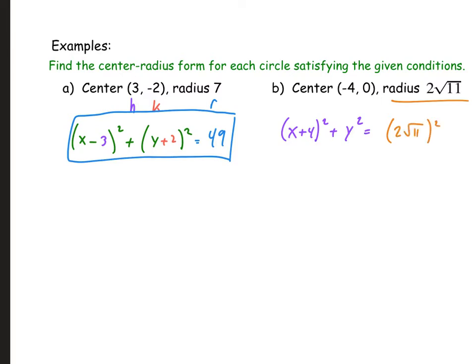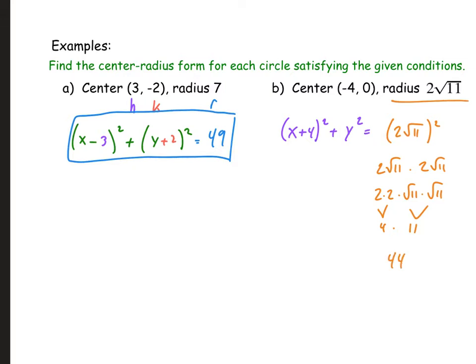So we just need to make sure we think about what that means. That's 2 radical 11 times 2 radical 11, which is 2 times 2 times radical 11 times radical 11, which is 4 times 11, so that's 44.